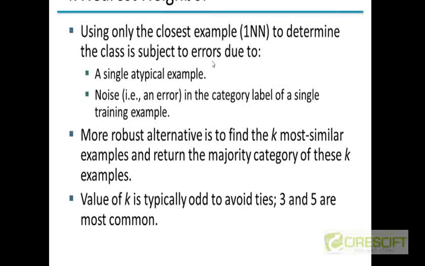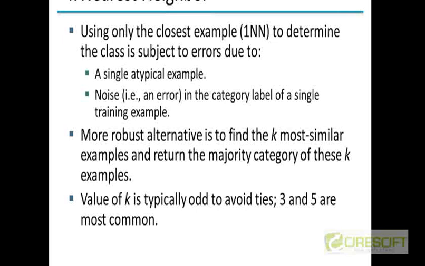The closest document to your test document will determine its class. Now what if that single document happens to be an atypical example of that class? What if it's an outlier example for that class? Then it's possible that the test document will be classified into the class of this atypical example incorrectly.